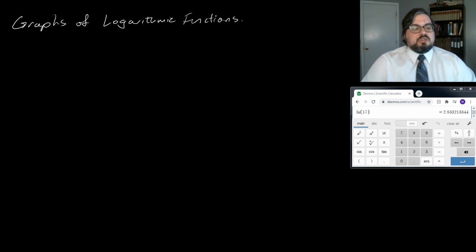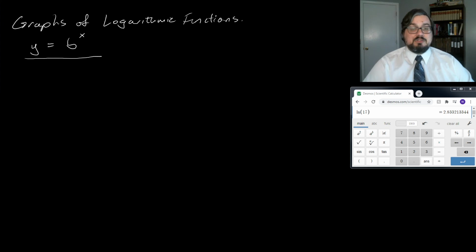To do this, we're going to use strongly the fact that the logarithm functions are the inverses of the exponential functions. So let's consider some of the properties of the graph of y equals b to the x, the exponential function, and see what that means about the graph of log base b of x, the logarithm function.